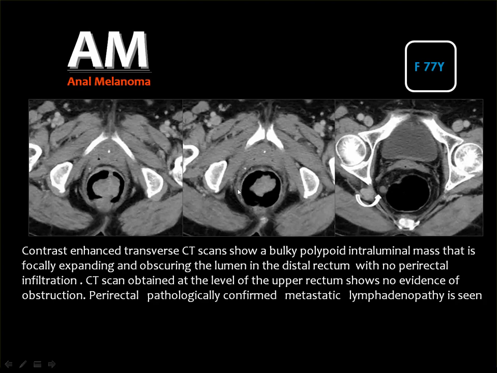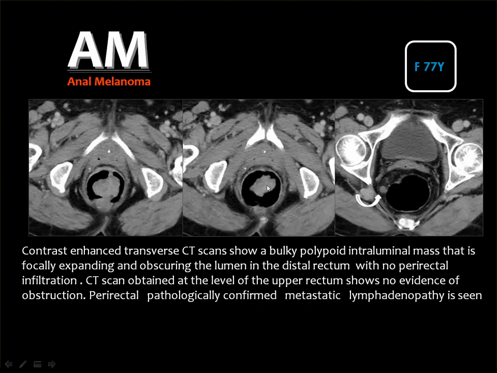And here we can see another example of anal melanoma that is not discriminated from an anal polyp, anal granular cell tumor, for example, and many of these lesions.